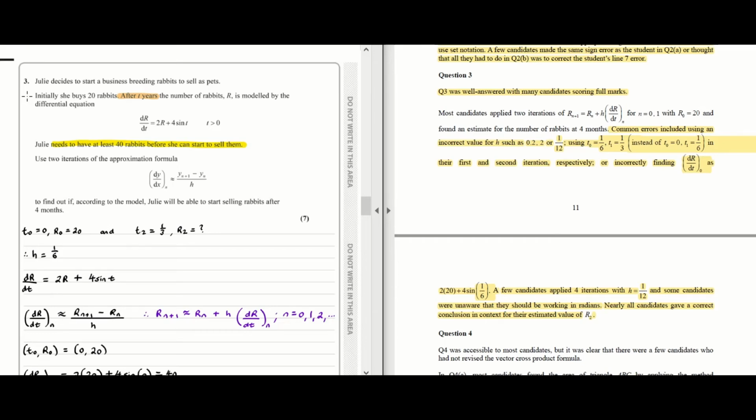I think the fact that it says t is in years and then you've got 4 months, that's what threw a lot of people off, and because of that they gave the incorrect value of h. A couple of candidates were working in degrees, which is incorrect. You have to work in radians. And nearly all candidates gave a correct conclusion in the context of their estimated value of R2, which is good.